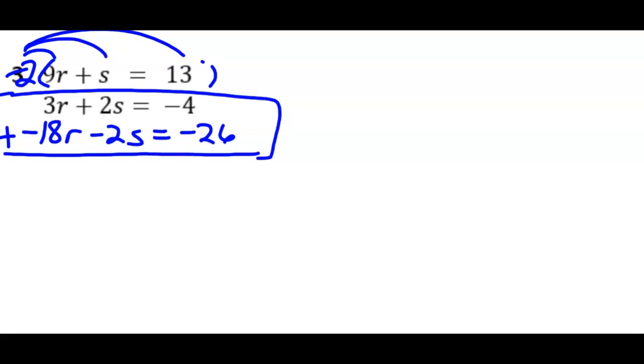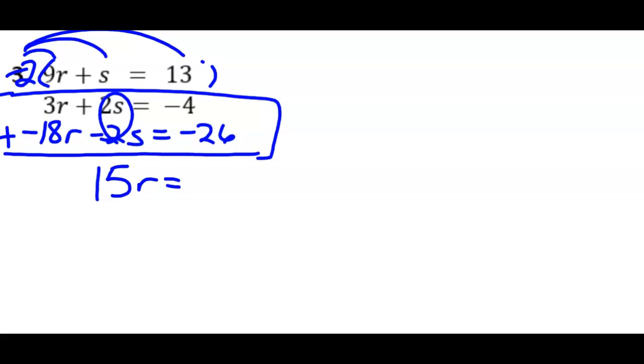3 plus -18 is what? -18. 15r. I don't know why I wrote the 530. This will be 0, right? -4 plus -26.